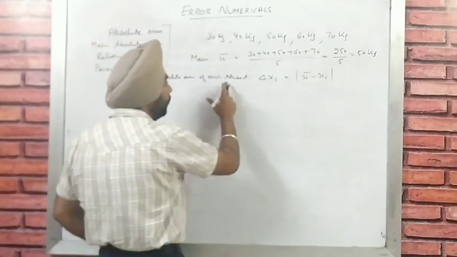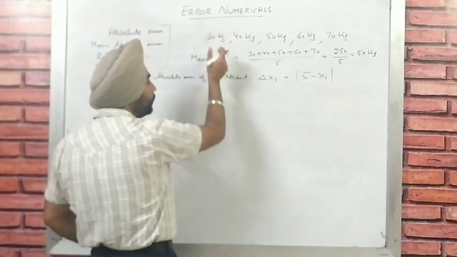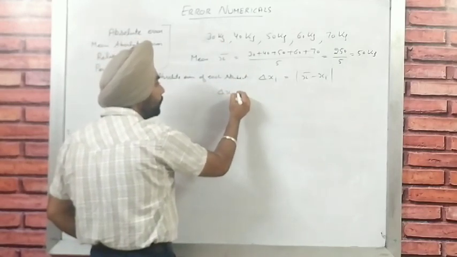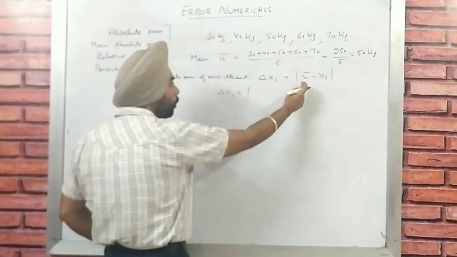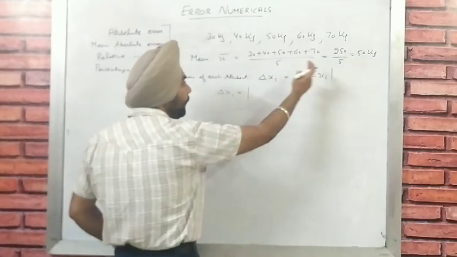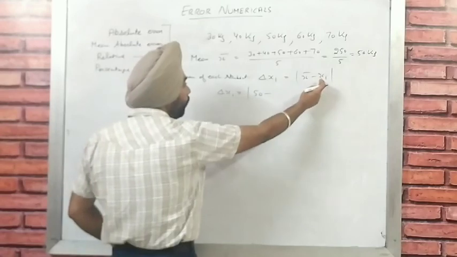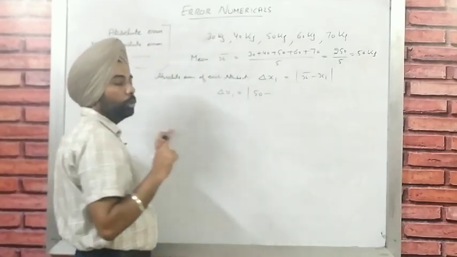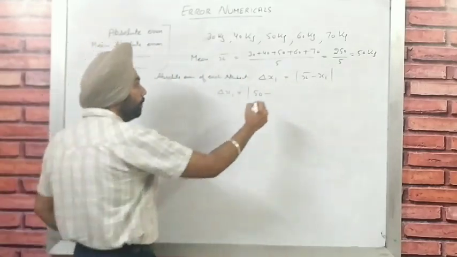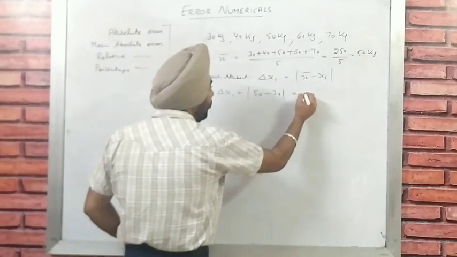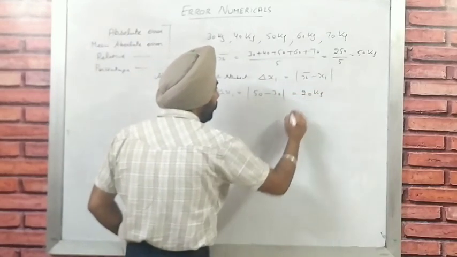So if we want to calculate for the first student, delta x1, the answer is going to be: x bar is the mean, and the mean is 50 kg here. So 50 minus, now what is the value of the first student's weight? That is 30. So 50 minus 30, the answer is going to be 20 kg.